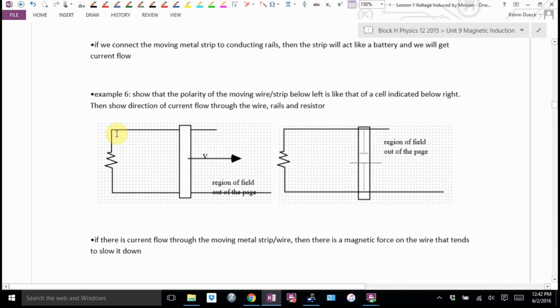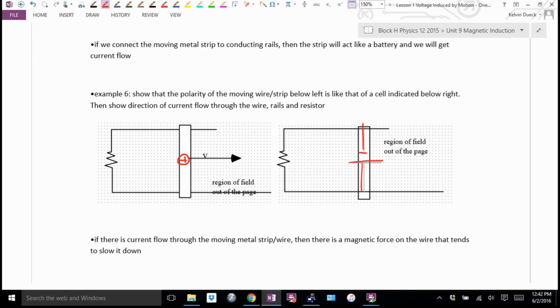So, you ready? It says, show that the polarity of the moving wire is like that of the cell. So we're going to argue that this left-hand diagram will behave like that kind of a battery. Let's see. Here is our charge. I know there's trillions of charges, but I always just focus on one dead center. Which way is the wire moving?